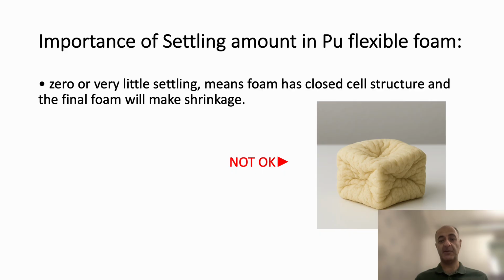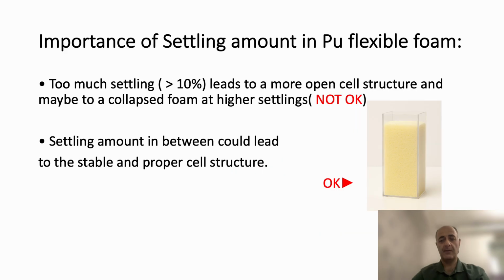As you can see in the picture, the foam produced with zero or very little settling amount is starting to shrink. So it is not our desired property or desired form in the production. So this is not okay for us.